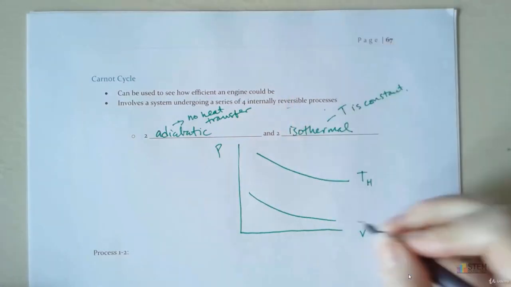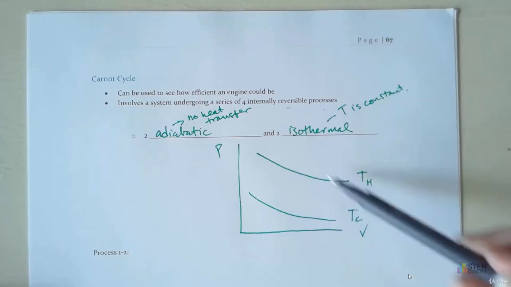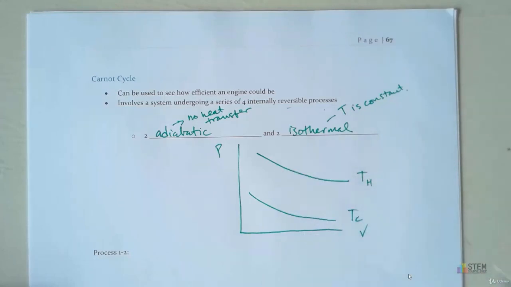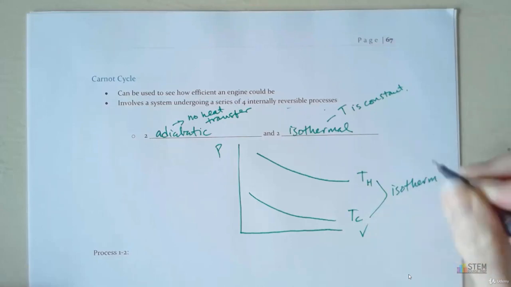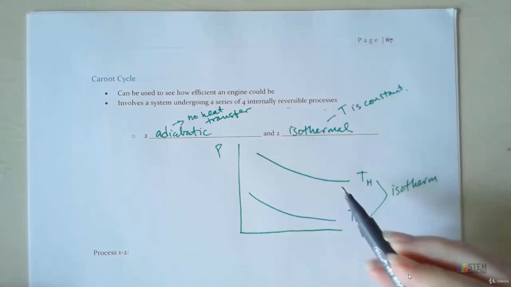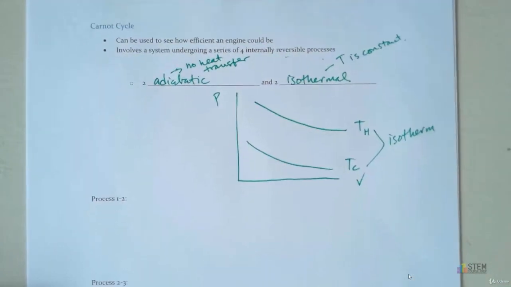This one, let's call TC. And as we go through the different processes, we'll label the states on this diagram. Just know that these 2 lines are isotherms, so at any point on these lines, your temperature is going to be TH or TC, depending on which line you're on.